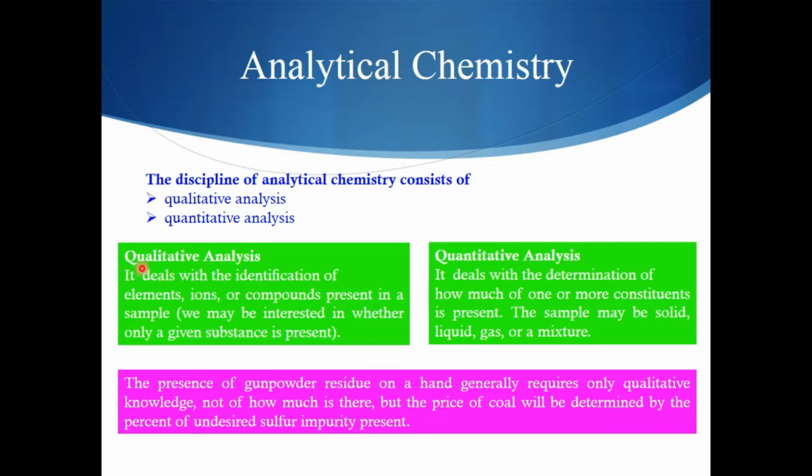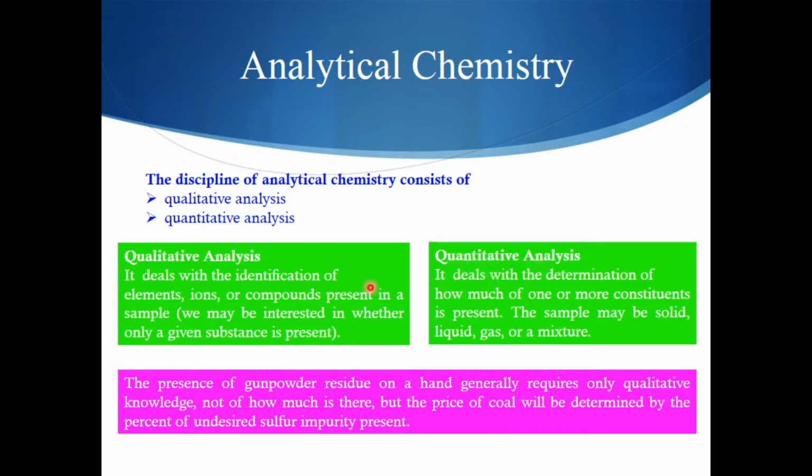So in qualitative analysis, we will only deal with the identification, no matter how much of the quantity of that substance is present. While in case of quantitative analysis, we will deal with the determination of how much of one or more constituents is present. So this is more specific.